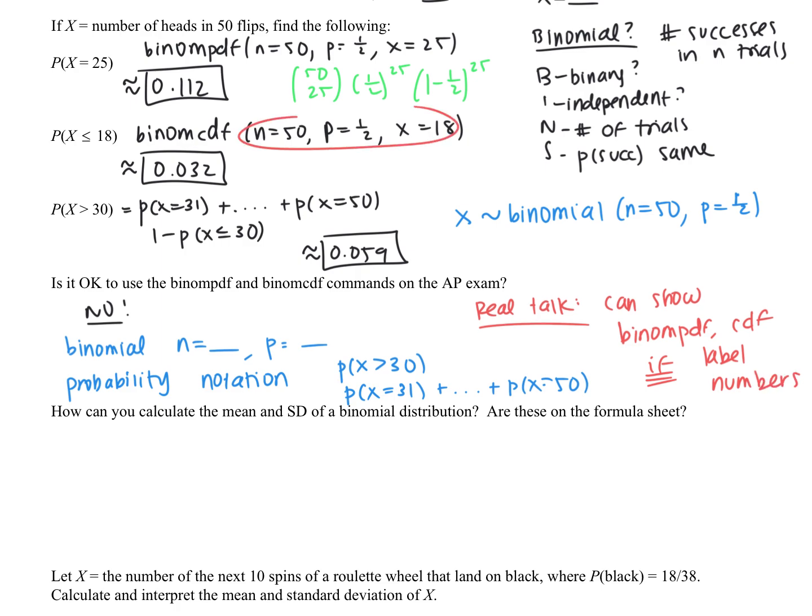So exactly the way that I did. So if you're going to write binomPDF or binomCDF, label the numbers. I would prefer you don't, but if you're going to, label the numbers. So if you do that, then do you not have to do everything in blue? Technically, yes. I don't love that, but yes. Okay, questions?